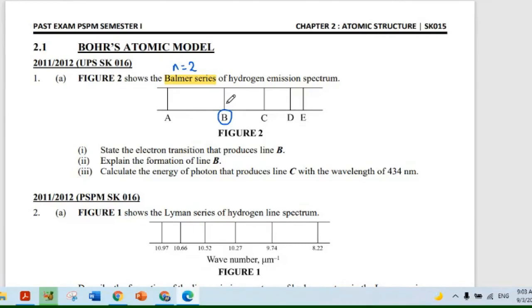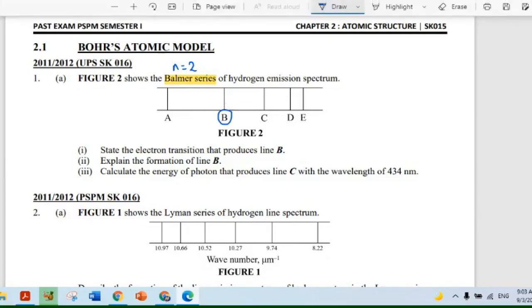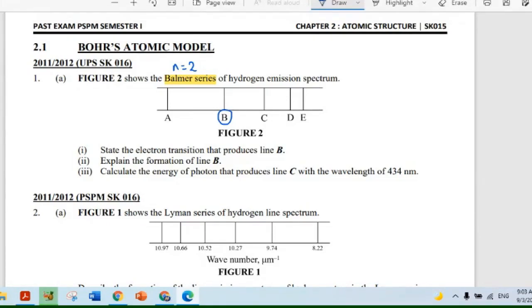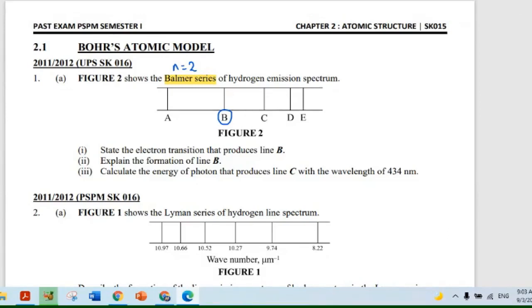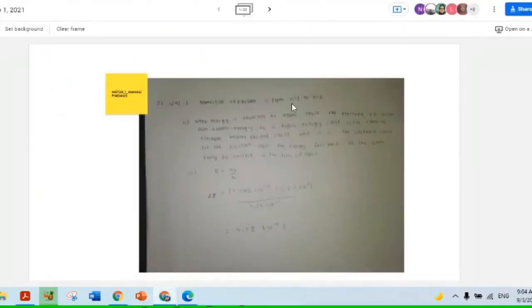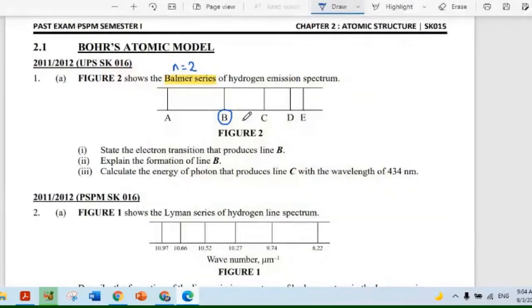A. How to produce line A? Based on your answer, you tell your answer is from n equal to 3 to n equal to 2, right? So question asked about line B. So do you think your answer is correct?